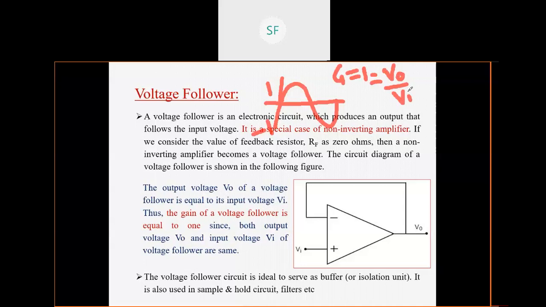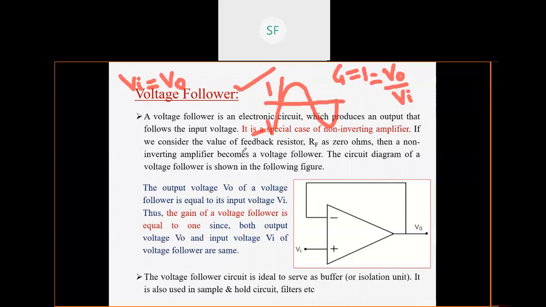So when the gain becomes 1, that means Vi is equal to V out. That means your V out will be equal to your input voltage.